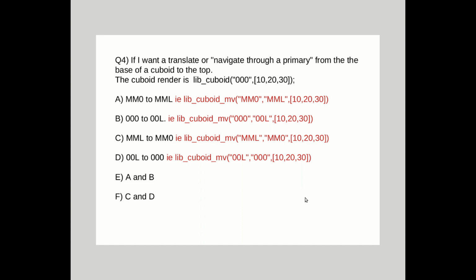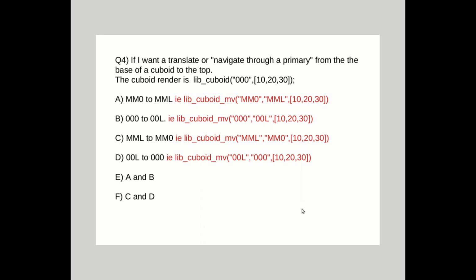Option B is we navigate from 000 to 00L. C, we navigate from MML to MMO. And D, we navigate from 00L to 000. Option E, A and B are correct. Option F, C and D are correct.